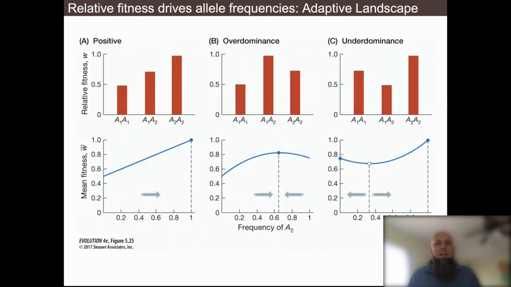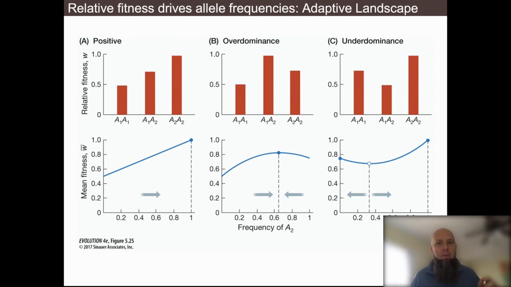So that same principle is illustrated here in different examples of positive selection or overdominance and underdominance. I encourage you to think about the frequency of these alleles, A2, with respect to where they started. That's the arc of the blue line.